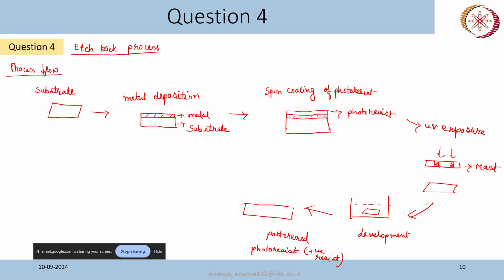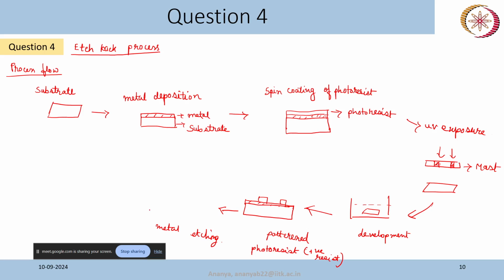So you have substrate, you have metal, and you will have resist here and here. Then you will do metal etching. Now you are doing etching on the metal part, not the photoresist part.